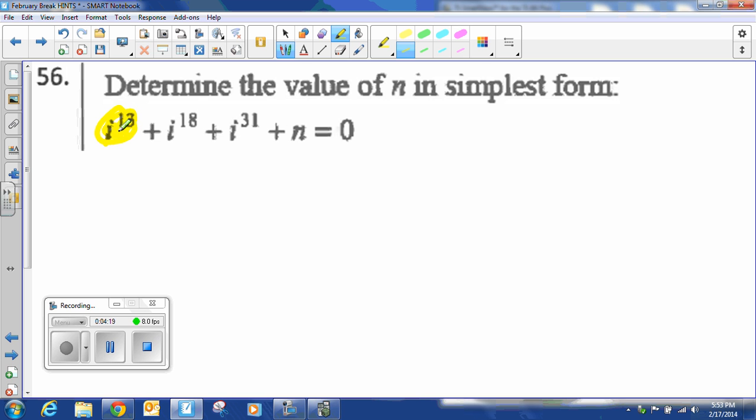Remember, you are adding these exponents, you're not multiplying. So you want to evaluate this, evaluate this, evaluate this. Then you want to solve this algebraically. Once you get your answer, subtract that on both sides, and n will be by itself, and it'll be equal to whatever the sum of all this is subtracted.